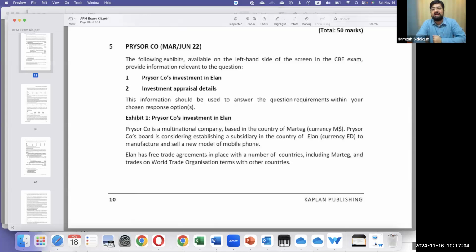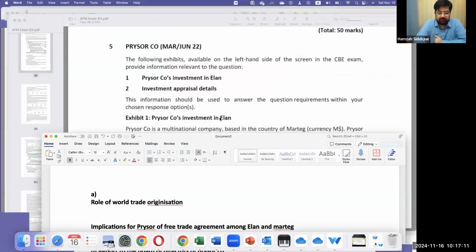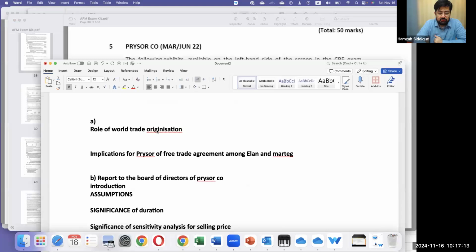So first of all, what is WTO? It has two parts. Role of WTO.